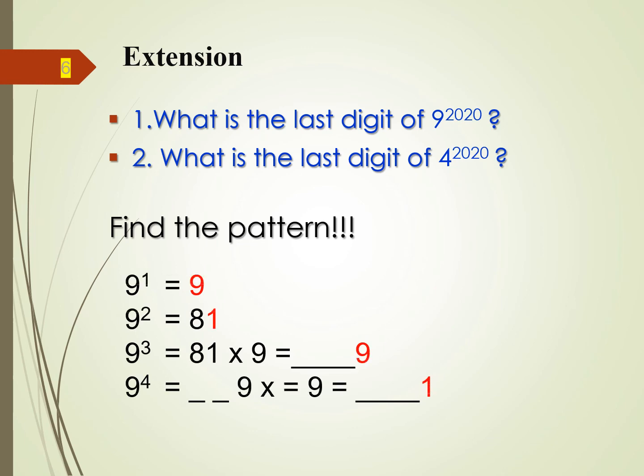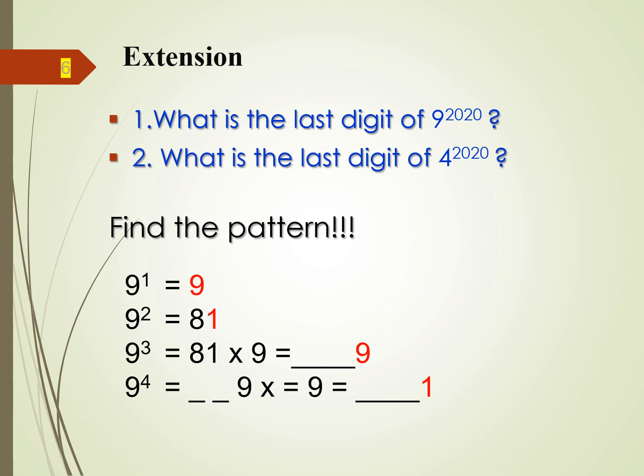Now 9 to the power of 1 is 9. 9 squared is 81. For 9 cubed, no need to multiply, we have to find only the last digit. So 1 times 9 is 9. For 9 to the power of 4, the last digit of 9 cubed is 9, so 9 times 9, the last digit will be 1.